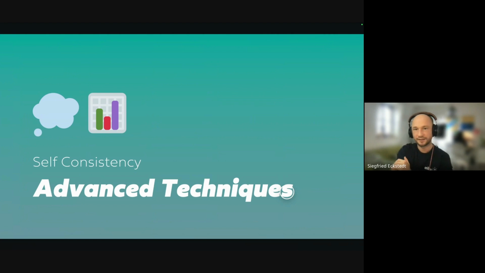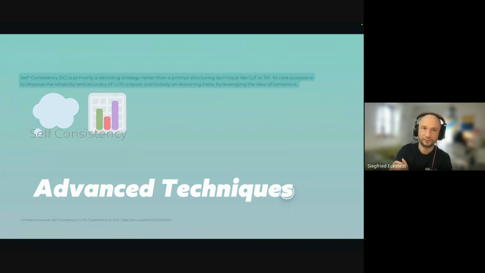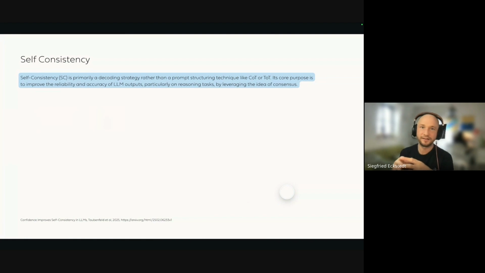Self-consistency is the next technique that we want to check out. Here the idea is to go the next step beyond tree of thoughts and also chain of thought. The major concern is to make large language model outputs more reliable and accurate in general.